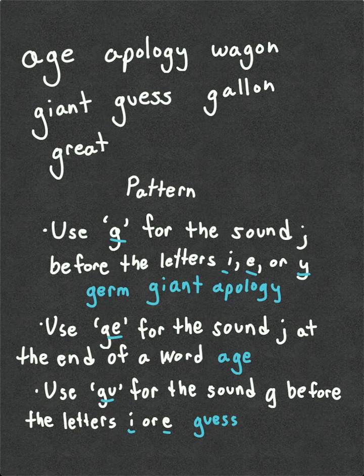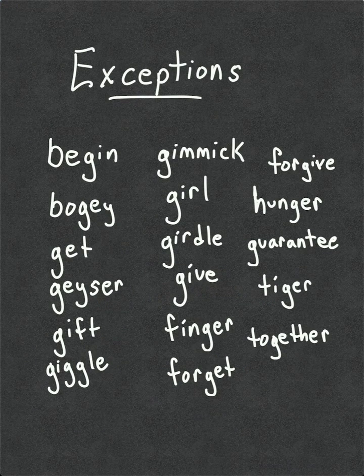Use GU for the sound G before the letters I or E, as in the word guess. And going along, I may have referred to GU as performing the same sound. No, GU is performing the sound G as opposed to J. Guess versus age. Notice the difference in the G in those words. Age, guess.